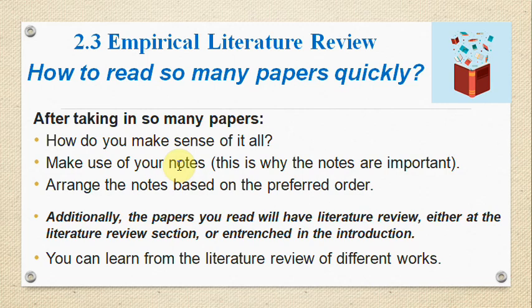The good thing also I need you to note is that most of these good papers you are looking at, additionally, have their own literature review built into the work, either in a separate section called literature review or entrenched in the introductory part. So if you look at it, you may find something very attractive there.